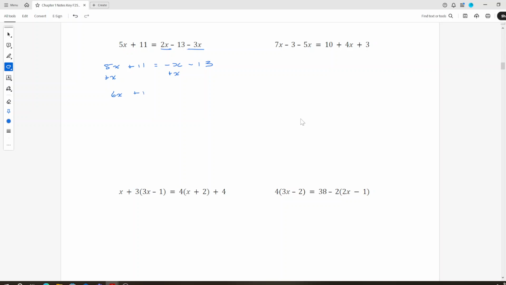I have 6x plus 11 is equal to negative 13. So to get the 6x by itself, I'm going to minus the 11. You end up with 6x is equal to negative 24. And then lastly, to get x by itself, I'm going to divide both sides by 6, and I end up with x is equal to negative 4.